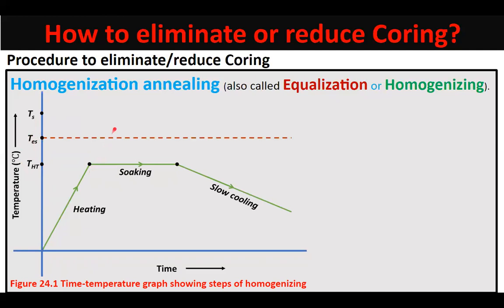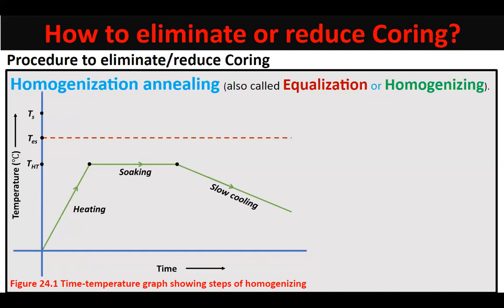Then liquid phase would appear, because typically the effective solidus temperature is this. So if you go beyond this temperature, liquid phase will appear at the grain boundaries of the type 1 system. A defect called burning would take place, and if this burning takes place, it completely ruins all the mechanical properties of your steel, which cannot be restored by any subsequent treatment, and you'll have to scrap your material.